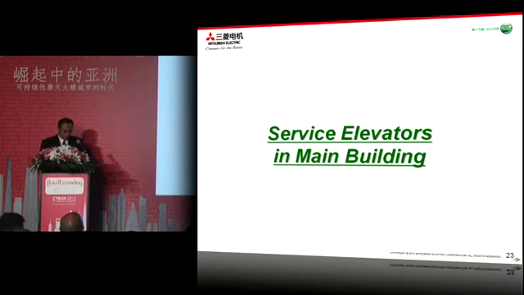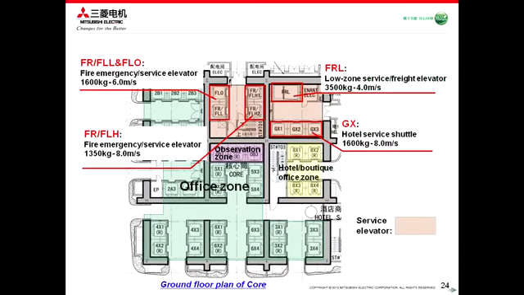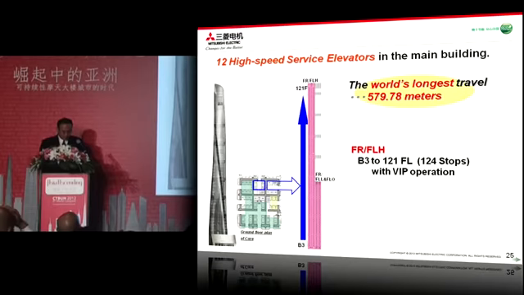Finally, let me introduce the service elevators in this building. 4 banks of service elevators, including 5 main lift elevators, are located in the main building. And 12 high-speed service elevators in total are provided in the main building. Let me introduce each.